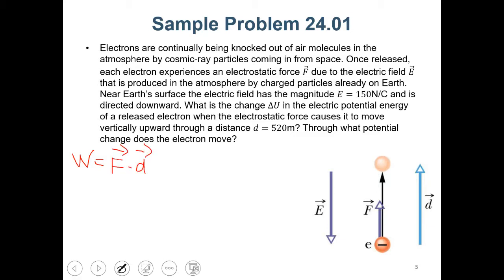So actually, W is F dot d. This is what you should have learned in physics 1, I suppose.